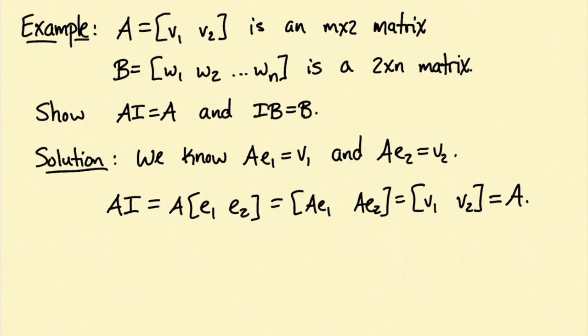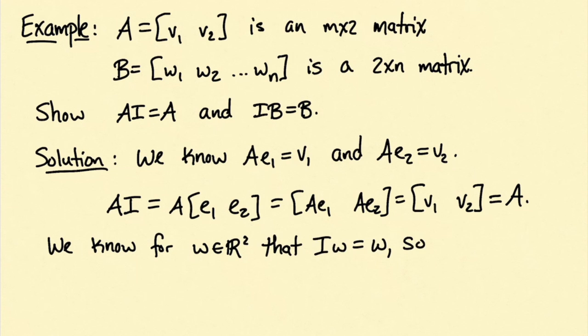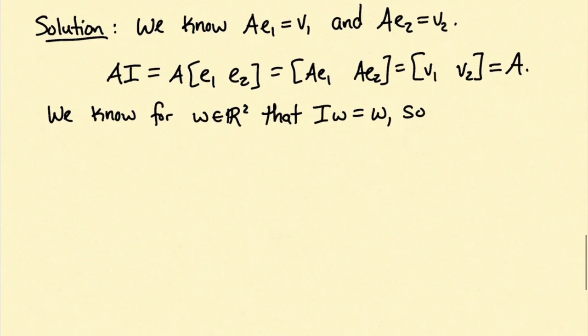For the second identity, we'll use the fact that each two-dimensional vector is fixed by multiplication on the left by I. This time, we expand B as the array with columns W1, W2, down to Wn.